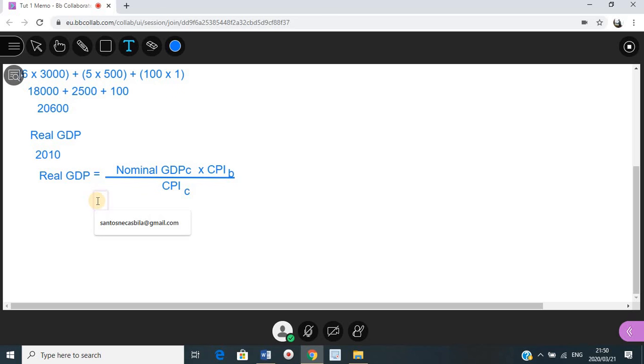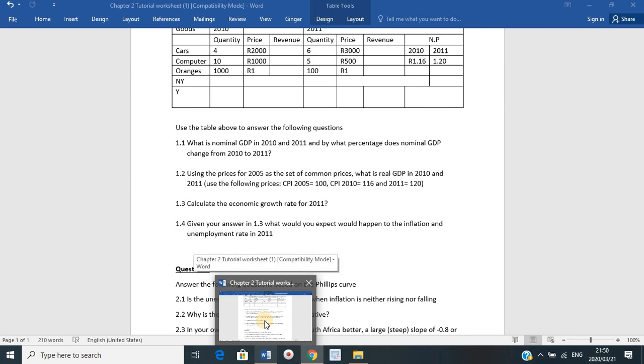Okay, very good. So in terms of a numerical example, I'm just going to write the division. For 2010, we already know the nominal GDP is 19,000 times 100. 100, if you go to our tutorial, is the CPI of the 2005 base year.